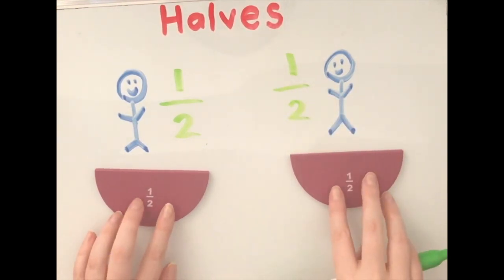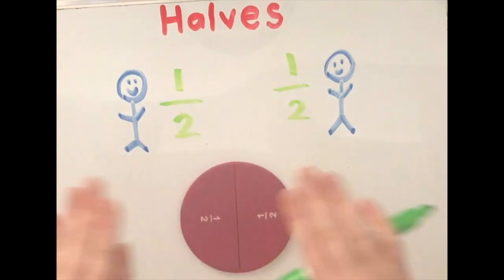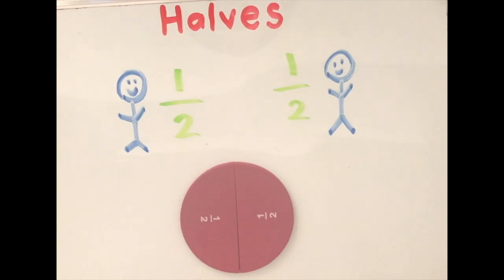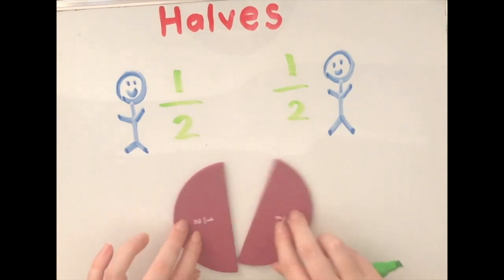And together, 1/2 and 1/2 makes one whole. So now I hope you understand halves. It's when we split a whole shape, cake, pizza, anything, into two equal pieces, we say these pieces are halves.